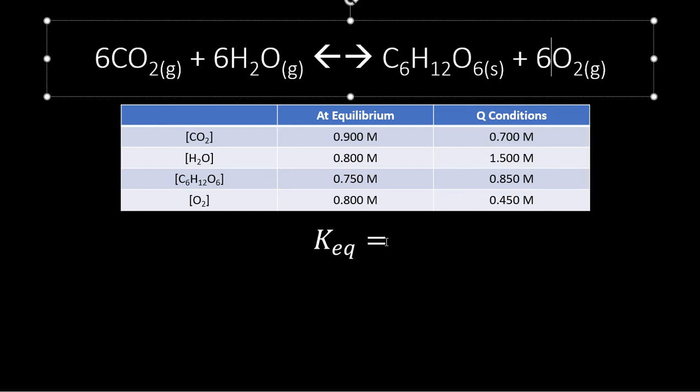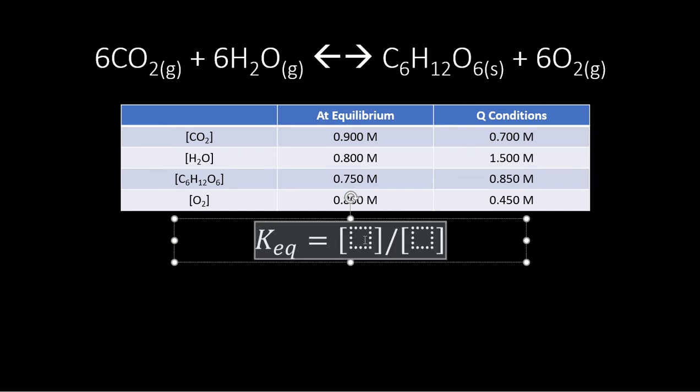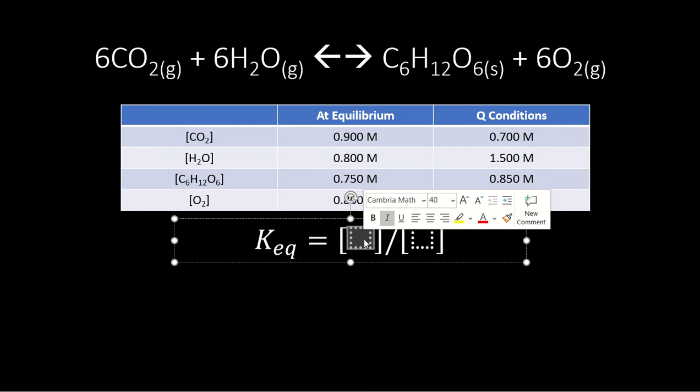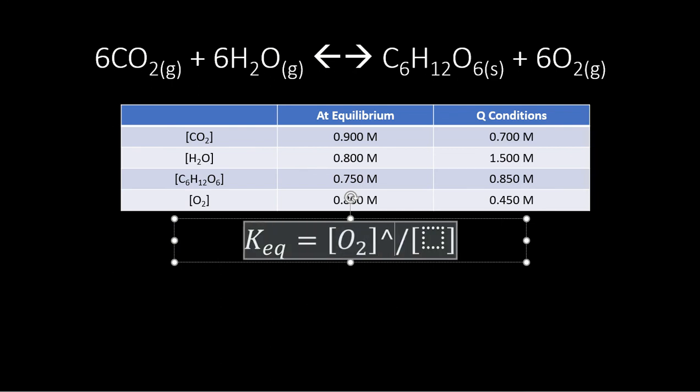Now then, to rewrite the equilibrium expression, factoring in the fact that water is in the gas state, pretty simple. We still don't care about glucose, C6H12O6, because it's in the solid state. We do care about oxygen, because it's in the gas state, and we will raise it to the 6th power.